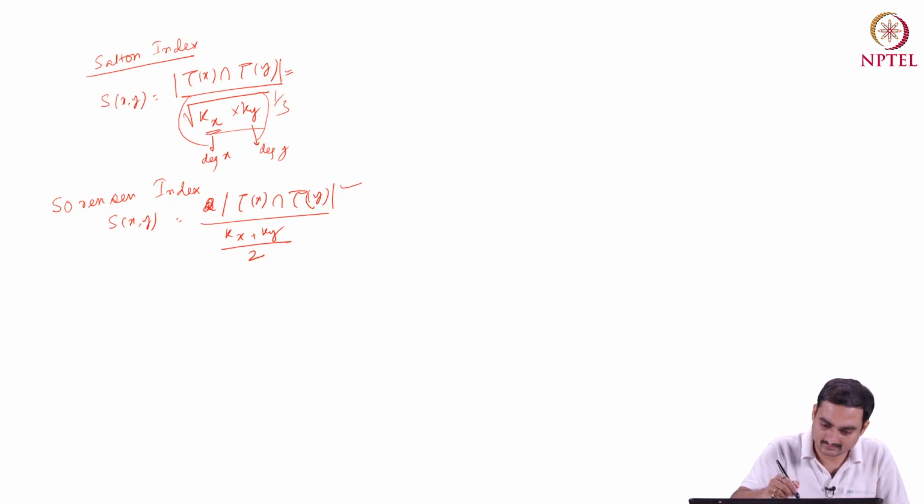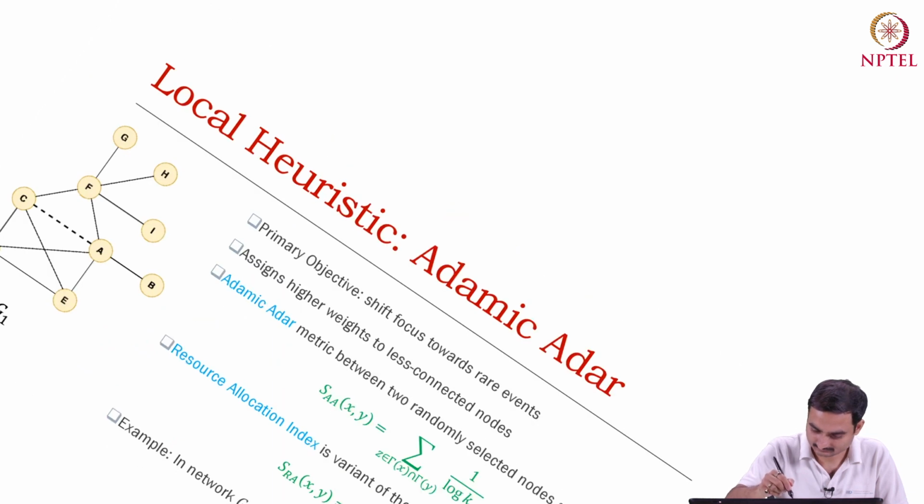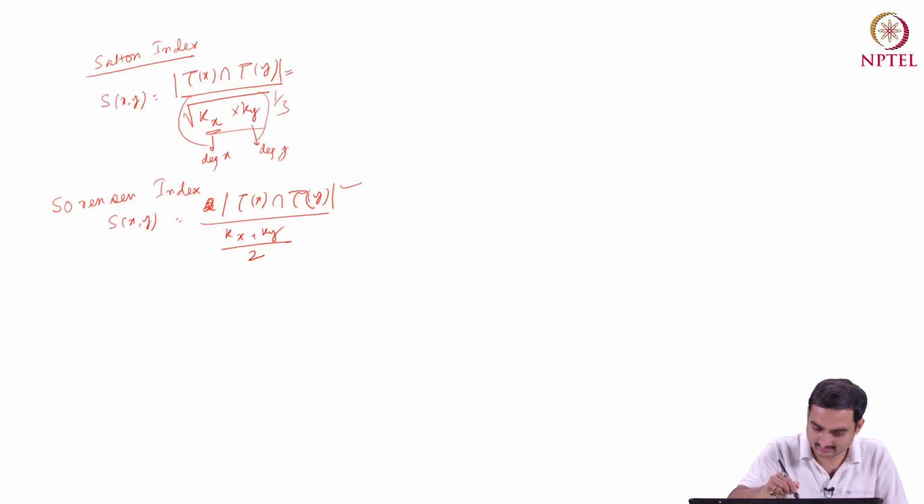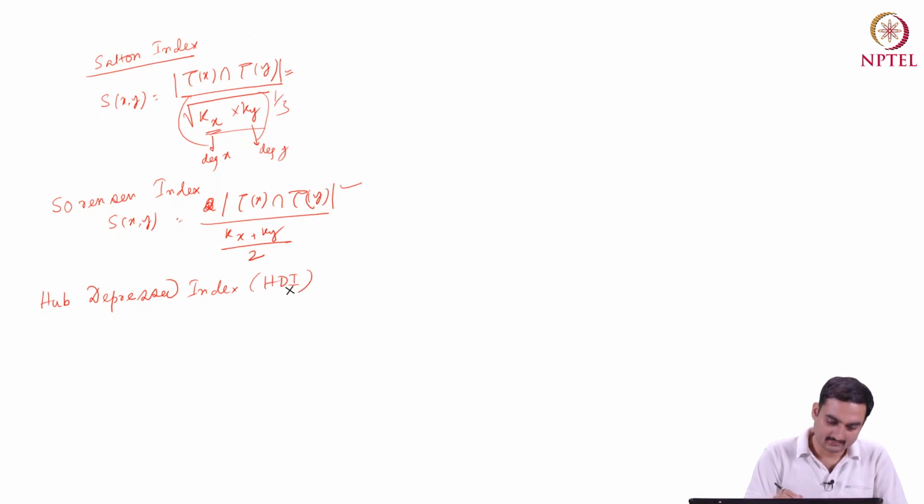So now let us look at another interesting metric called the Hub Depressed Index, HDI.